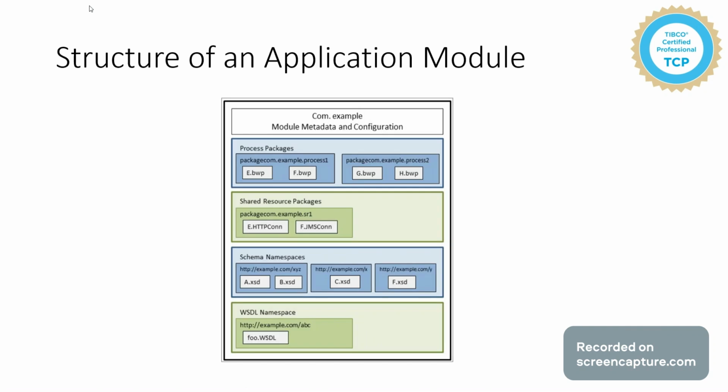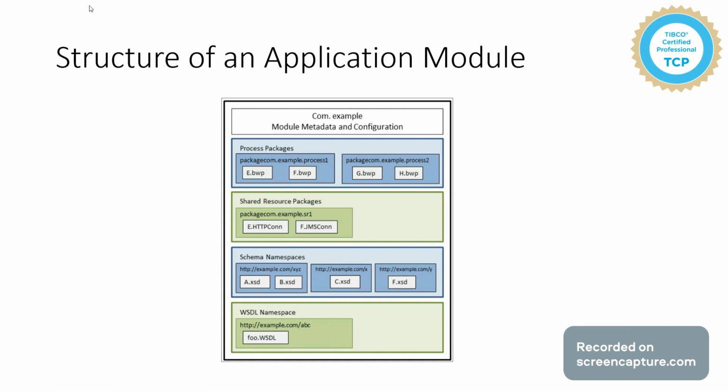And the structure of an application module can look like this. It will have the process packages, which will have multiple processes, and it will have shared resource packages, which will have shared components such as HTTP connection, JMS, JDBC connection, or FTP connection, which can be shared across multiple processes.